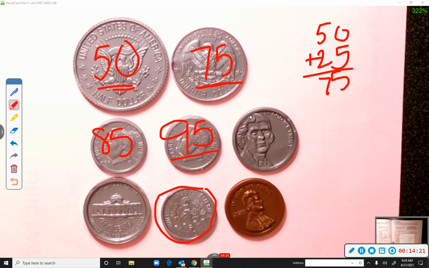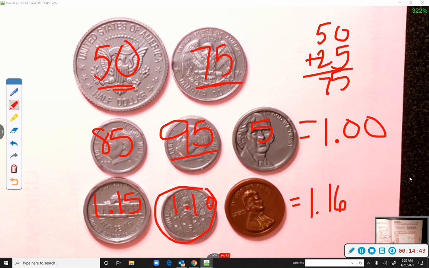So this is 95 plus a 5, which would make it $1. Okay? So now I have $1.10, $1.15, and $1.16. Good.